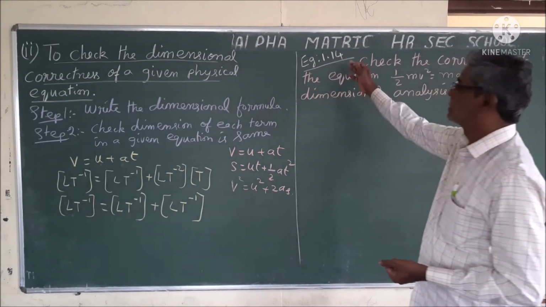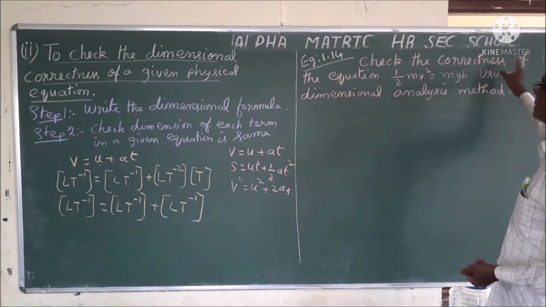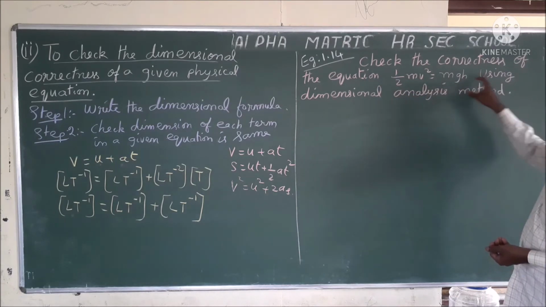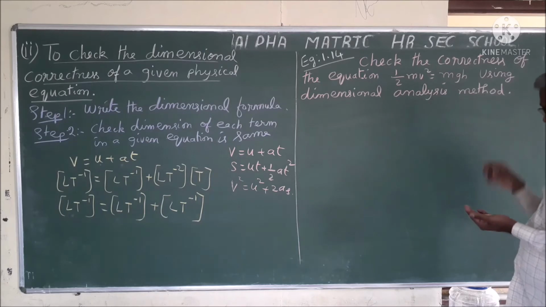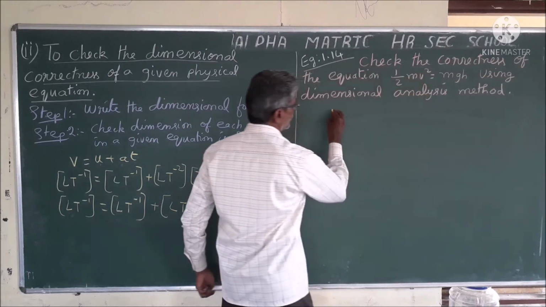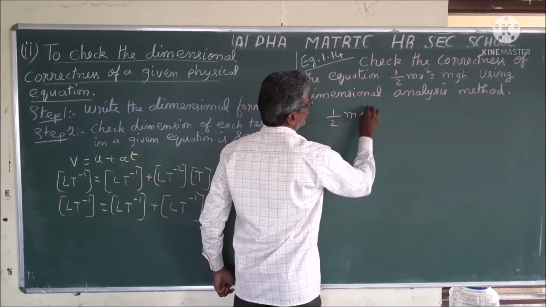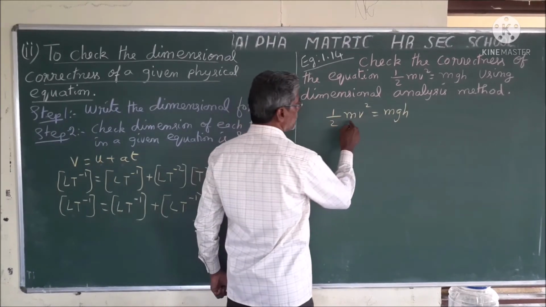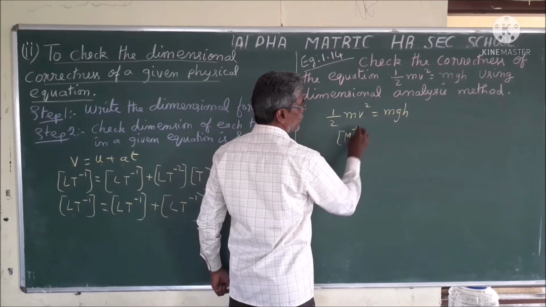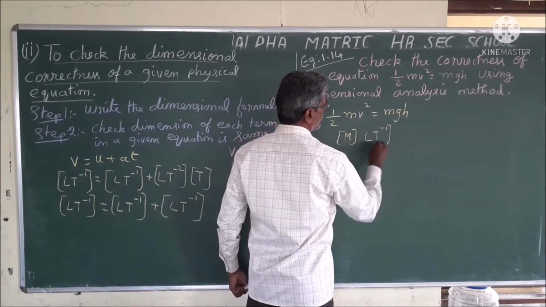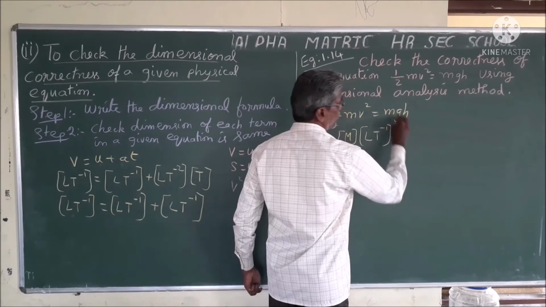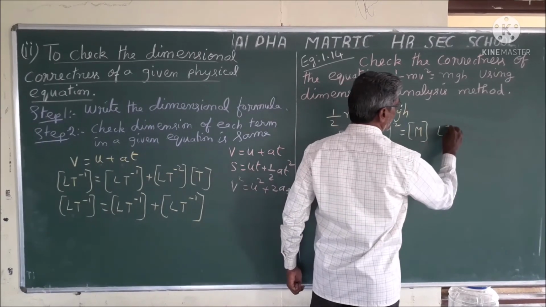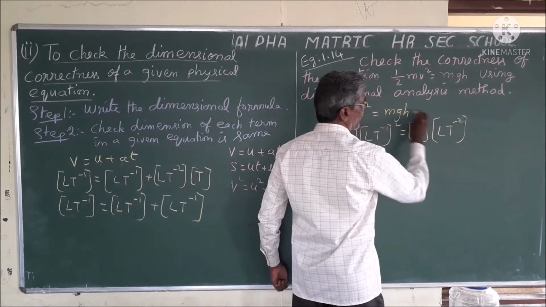Next we will go for an example. Check the correctness of the equation half mv square equal to mgh using the dimensional analysis method. Let us consider this equation, half mv square is equal to mgh, where half is dimensionless. For velocity, Lt minus 1 whole square. For m it is M. For gravity acceleration, that is Lt minus 2.